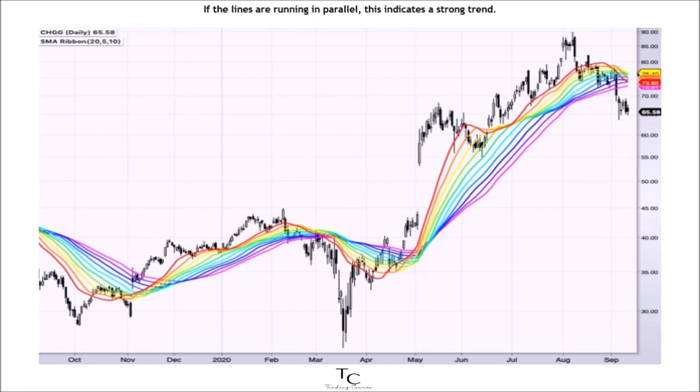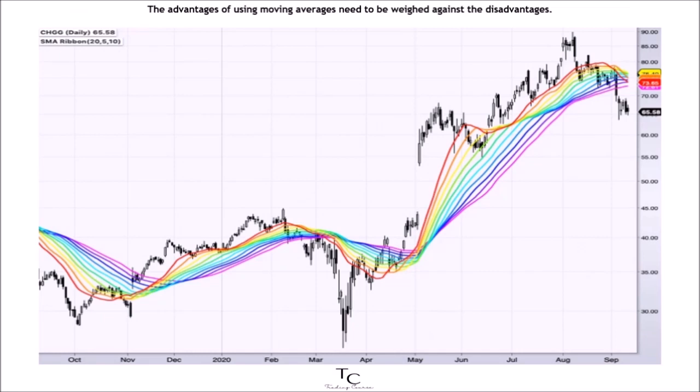If the lines are running in parallel, this indicates a strong trend. If the ribbon is expanding, the lines are moving further apart over time. This indicates the trend is coming to an end. If the ribbon is contracting, the lines are moving closer together or even crossing. This can indicate the start of a new trend.